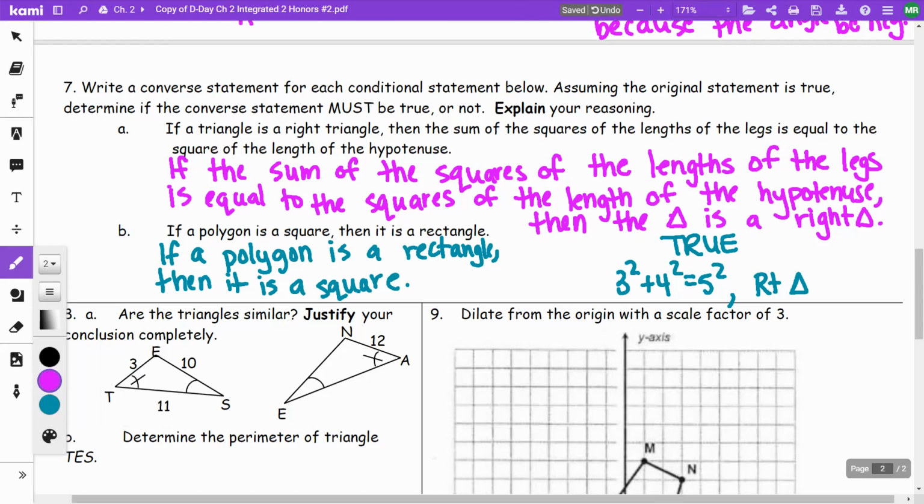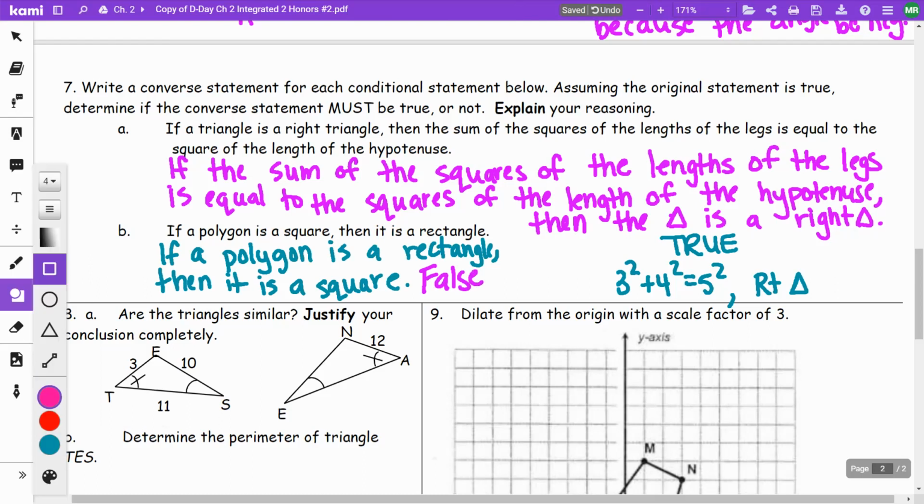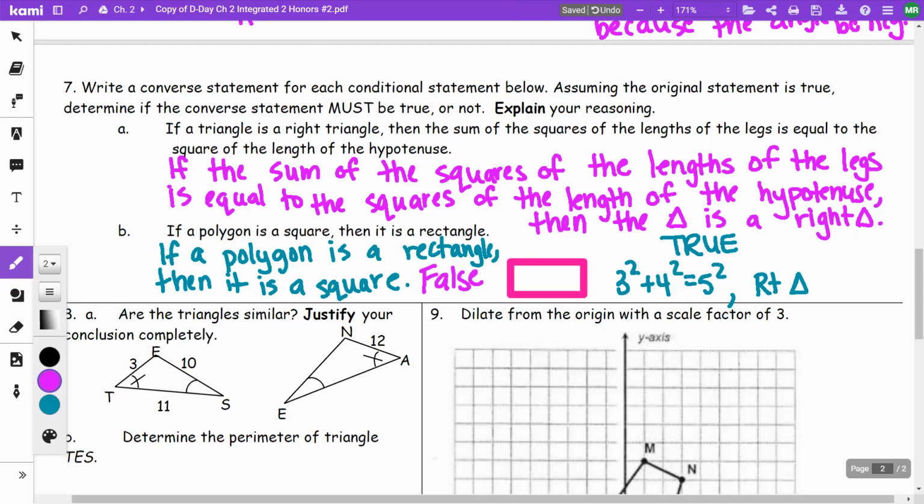And that is false. Just as an example, if I get a rectangle here and I draw it out, that is a rectangle. Let's say that this is 3 by 5. That is not a square.